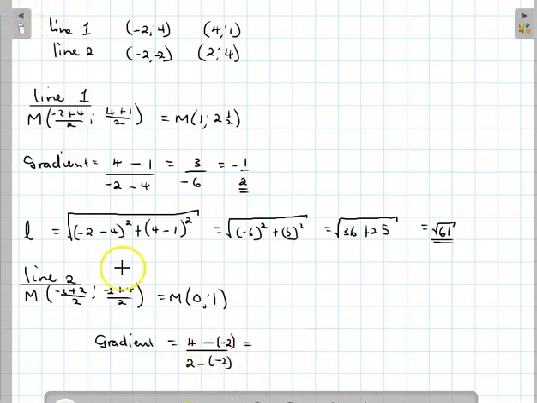Right, so that's 4 minus 2, and this should give us 6 over 4, which is 3 over 2, which is 1.5. So that shows us that line 2 is steeper than line 1.